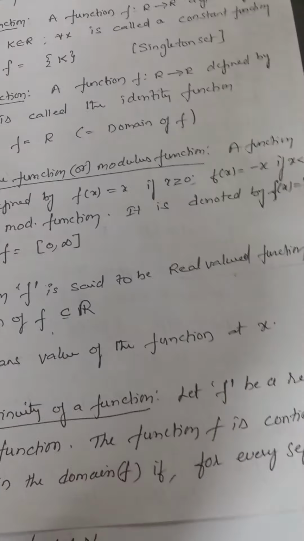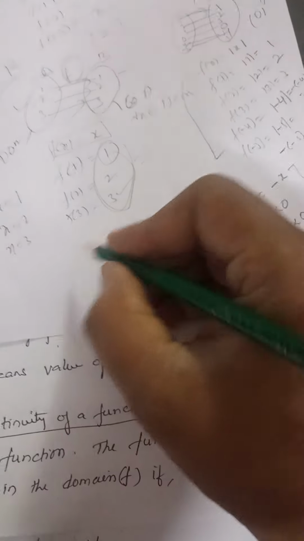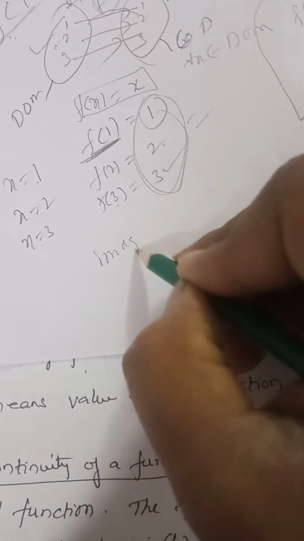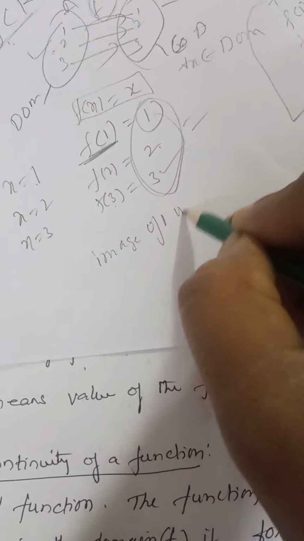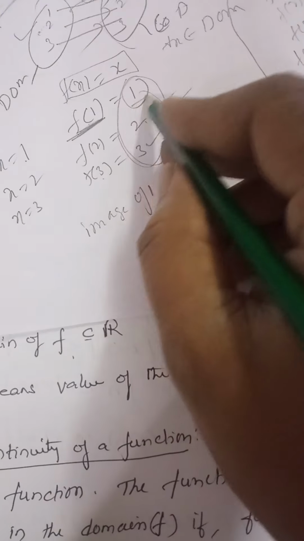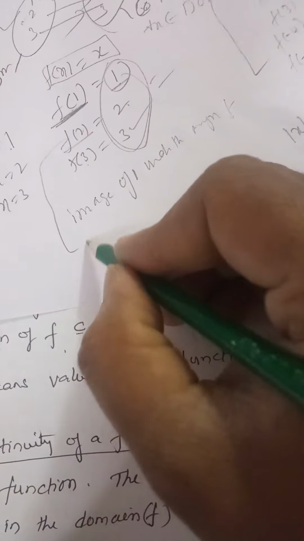Right? Now, f of x means, another point is there. Now we are writing f of 1. What do you mean by f of 1? This is nothing but image of 1 under the mapping f, that is nothing but 1. Now this is nothing but what?